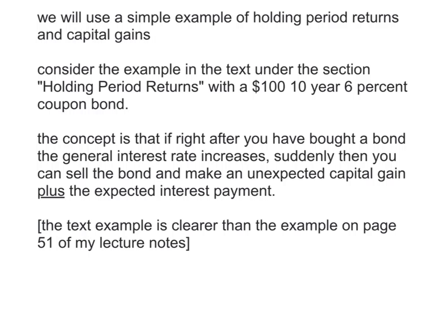And the textbook tells a story about a $100 10-year 6% coupon bond and what happens if the prevailing market interest rate changes unexpectedly after the bond has been bought. Now, I also have an example in my lecture notes. I think actually my page 51 lecture notes example is less clear than the example in the textbook. So read the textbook example.